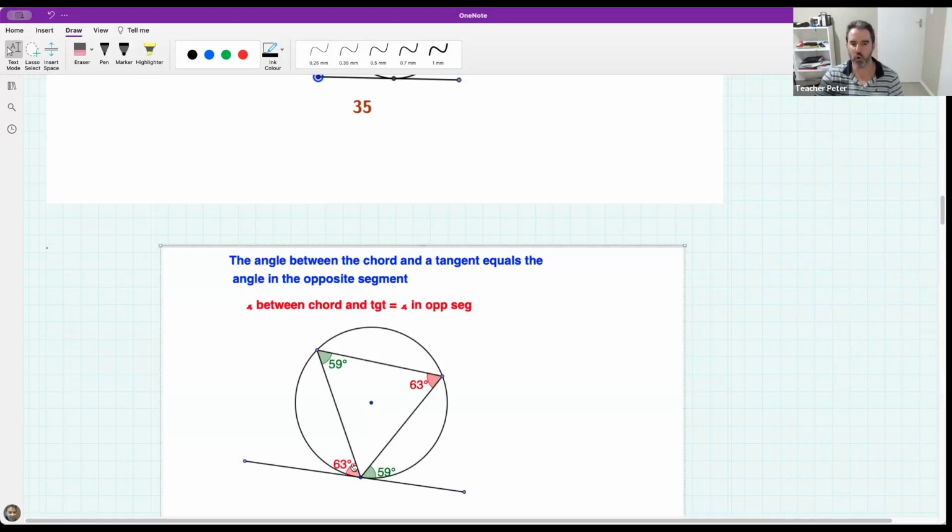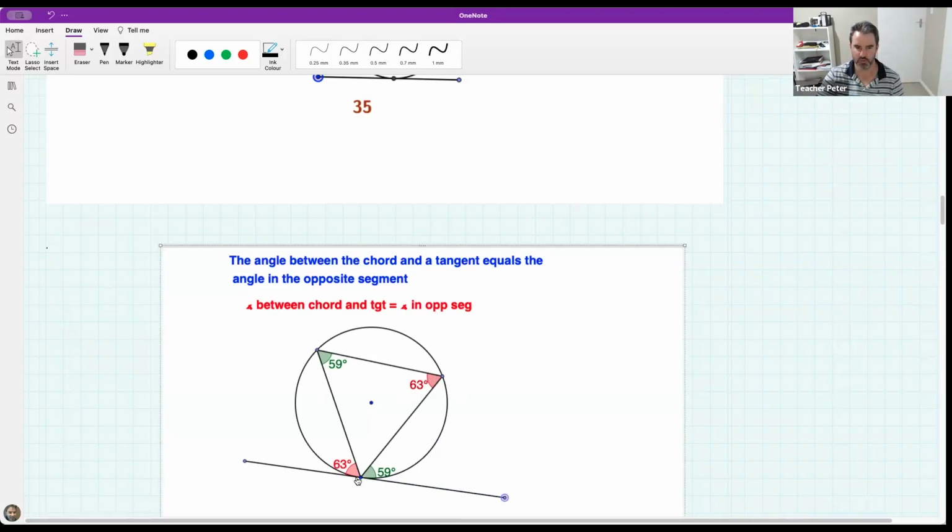And then that chord subtends an angle in the other segment. Now, the relationship is between the two red angles, but you could also have this happening from this side, where you have a tangent and a chord with that tangent, and then that chord subtends an angle on the other side.